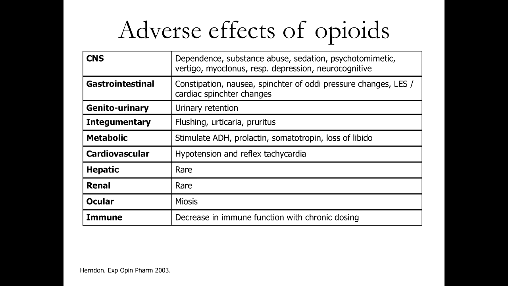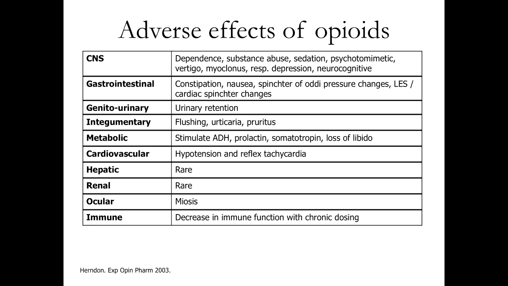But I do want to point your attention to some of the CNS side effects that include respiratory depression. Remember that respiratory depression is most pronounced when you're first starting one of these drugs, when you're escalating a dose, or if you are on other respiratory depressant medications like a benzodiazepine, or if you have respiratory depression related disorders like COPD or obstructive sleep apnea.